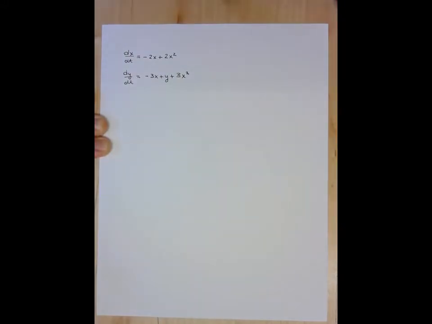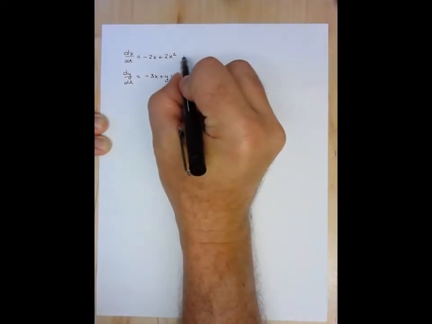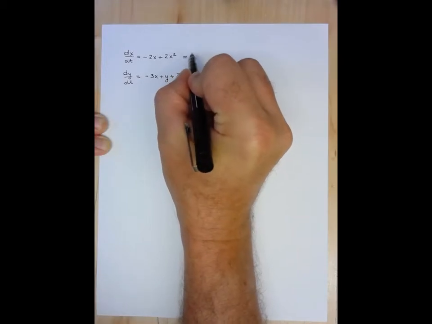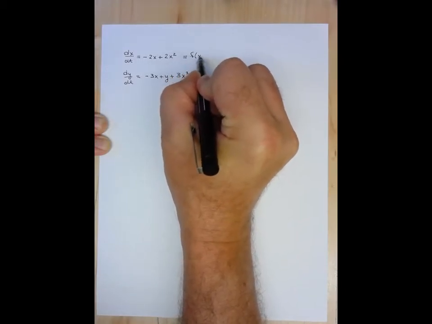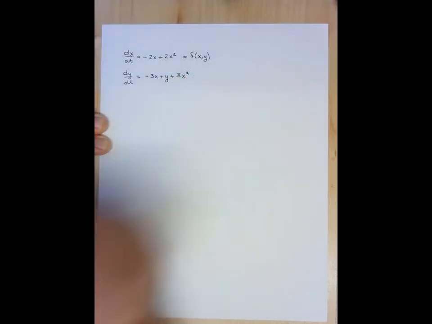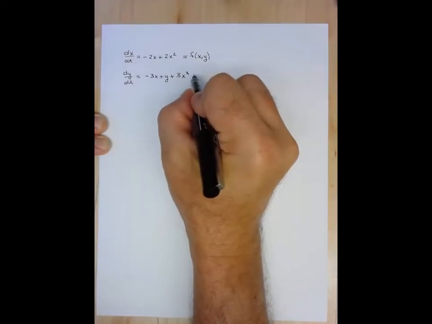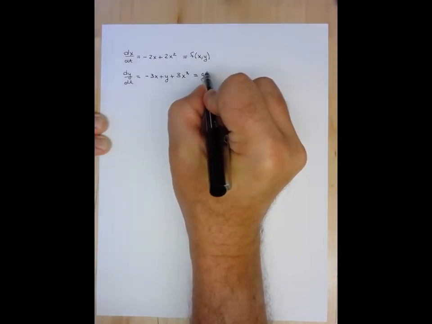So this is a nonlinear system of differential equations. It's a 2D system, so we can use phase plane analysis. To start, let me just indicate that the right-hand side of the first differential equation we'll call the function f, and the right-hand side of the second differential equation we'll call the function g.